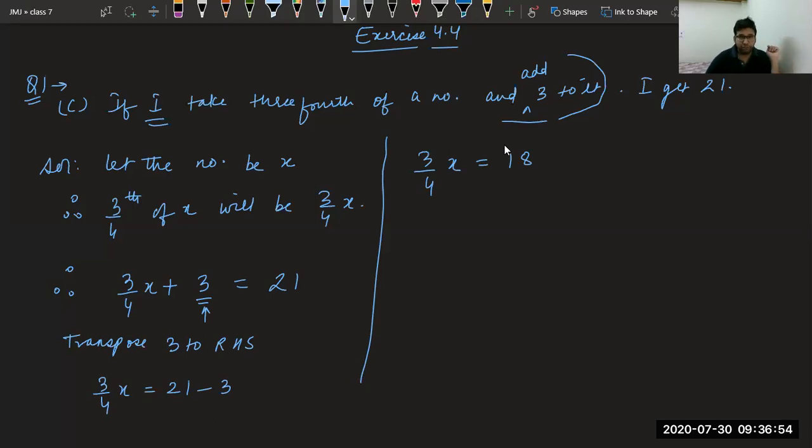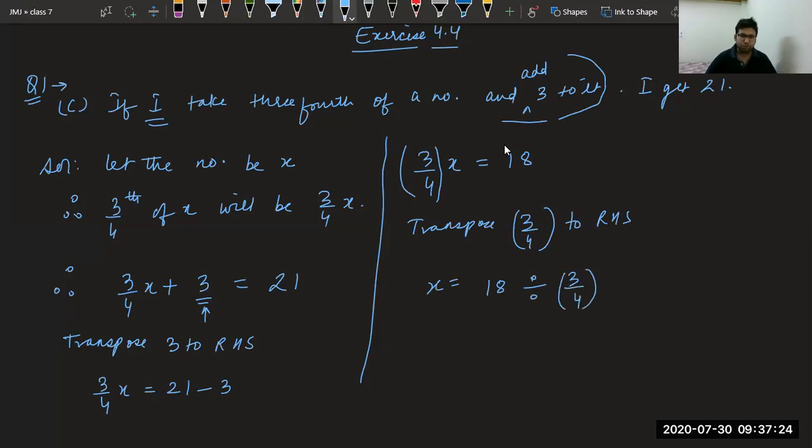Now, we will take the whole fraction there. If you observe, this whole fraction 3/4 is multiplying with x. If you transpose it to right side, it will divide. So, transpose 3/4 to right hand side, it will become x is equal to 18 divided by 3/4.